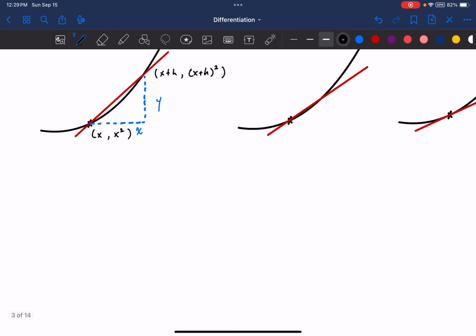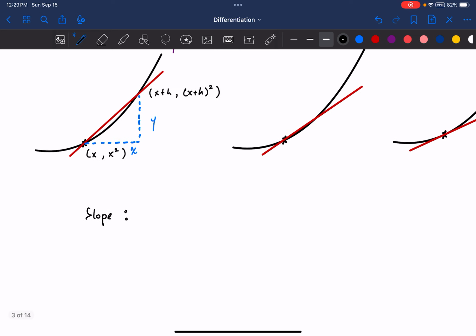Now, how exactly do we do this? We would use something called first principles, okay? So I'll write here slope. And the slope of this would be y minus y over x minus x.